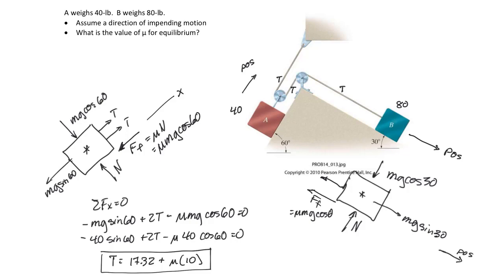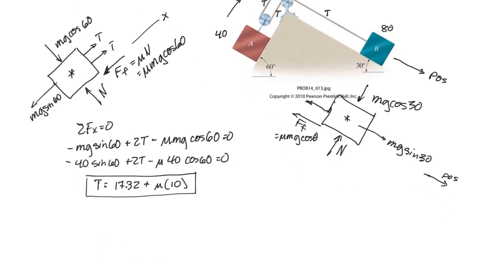Let's sum the forces in x. Sum of the forces in x is equal to 0. Positive is down the hill, so mg sine of 30 minus tension minus the force of friction, mu mg cos 30, is equal to 0.